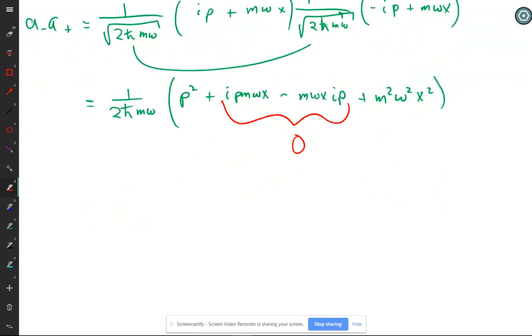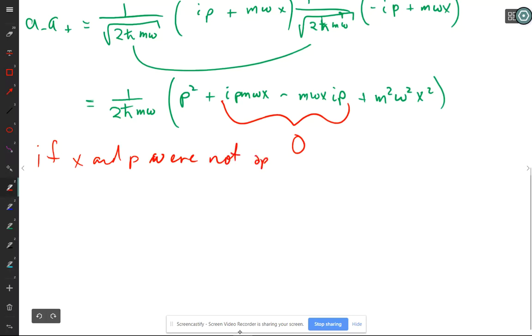But let's just continue if X and P were not operators. That's operators, that last word. Then this would be A minus A plus equals 1 over 2 H bar M omega times P squared plus M squared omega squared X squared.